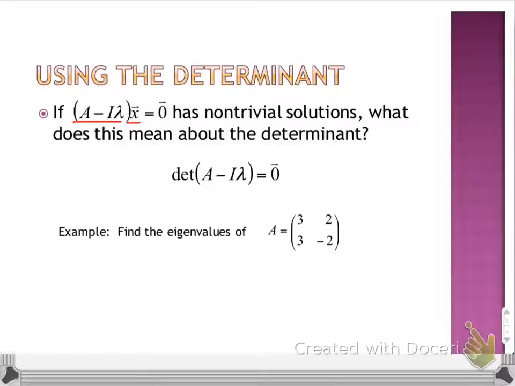If it has non-trivial solutions, what does that mean about the determinant of A minus lambda I? Going back to the invertible matrix theorem, which gives all those equivalent statements, that's what you need to know, especially for this upcoming exam.